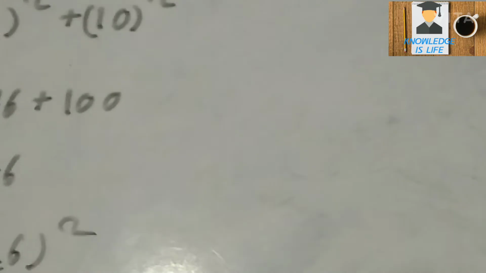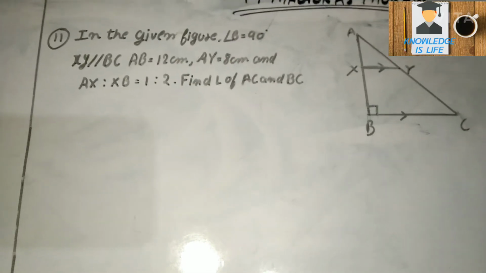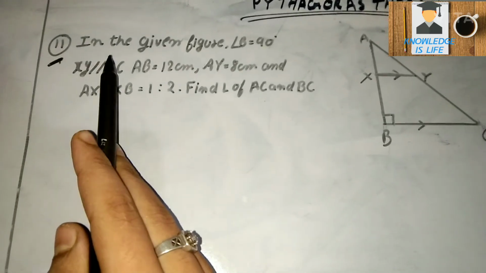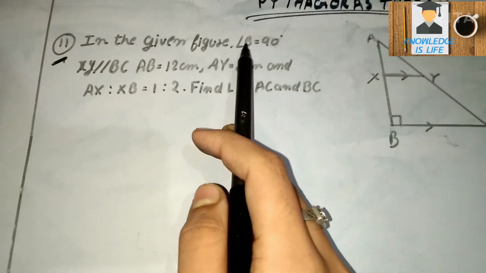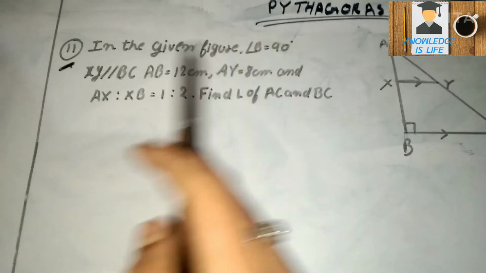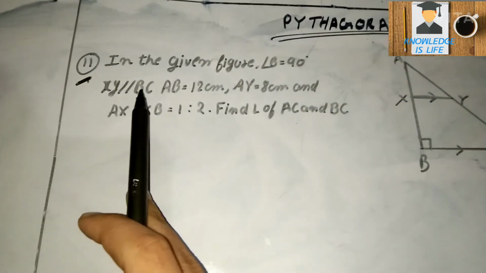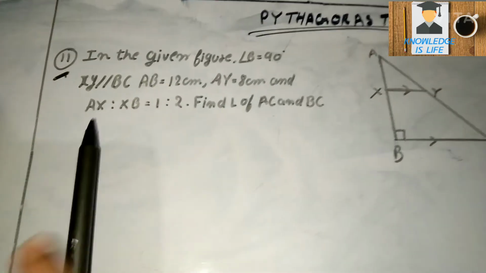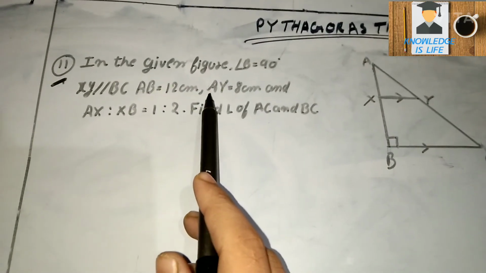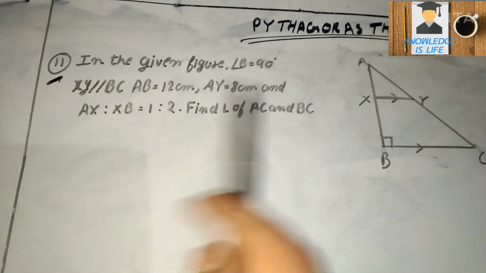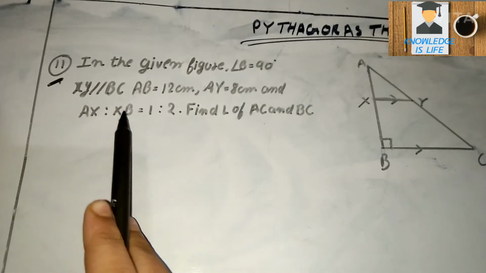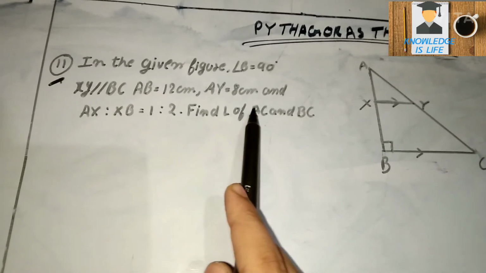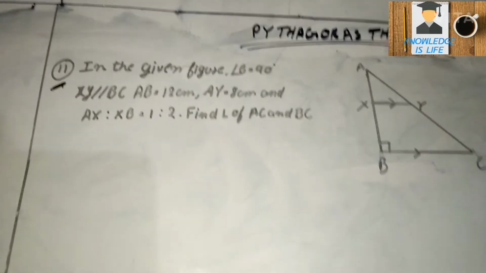Okay friends, our next question is question number 11. In the given figure, angle B equals 90 degrees, XY is parallel to BC, and AB equals 12 centimeters. AY equals 8 centimeters and AX to XB ratio is 1:2. Find the length of AC and BC.